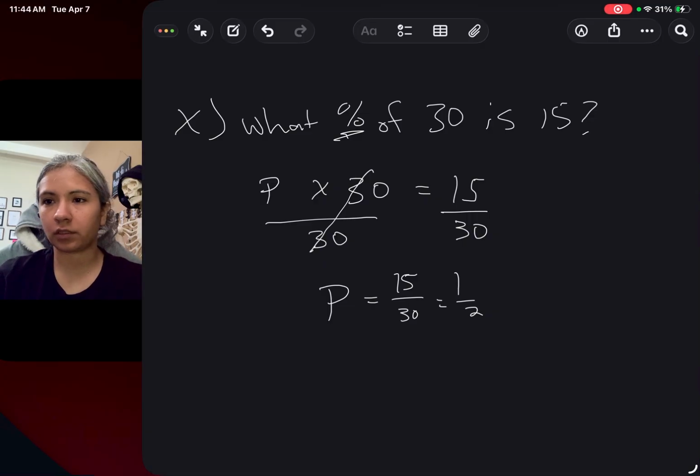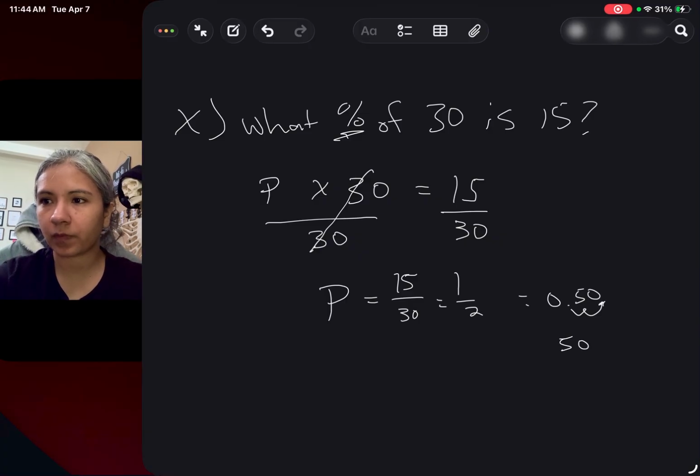So the fraction is 1/2. The decimal is 0.5. On this one, it's a simple decimal, we know it's 0.5. So we can change this to percent by moving the decimal over 2 places.